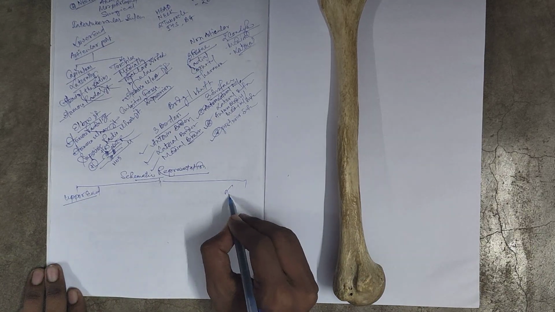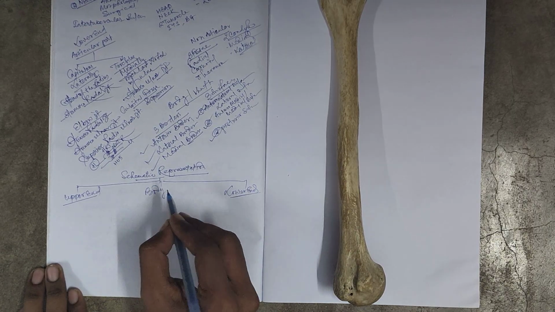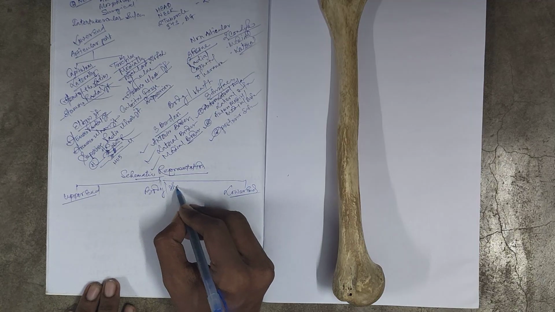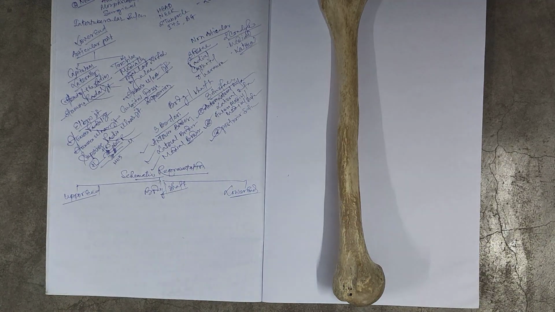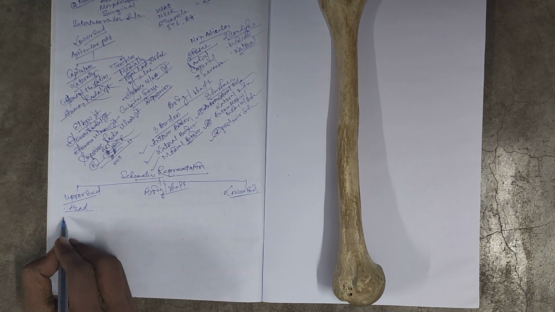Upper end, lower end, body or shaft. So upper end consists of head, which is hemispherical smooth head.